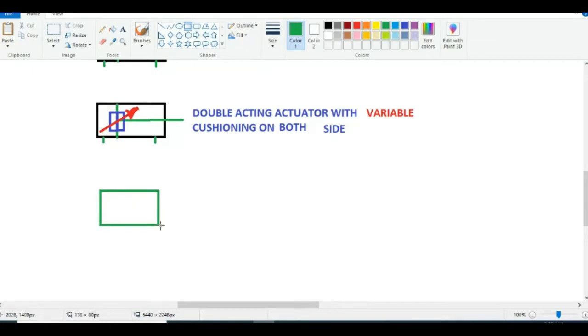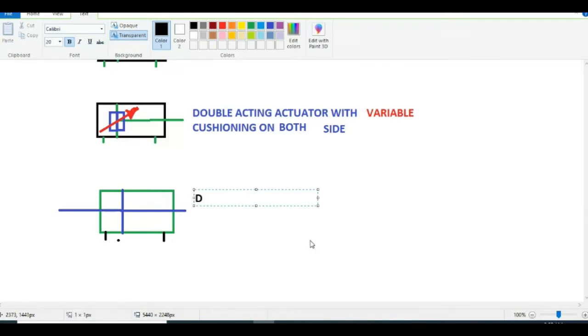If the actuator symbol is like this, and the two ports are available here, what is the name of the symbol? The ports are available on both sides, so it is obviously a double acting cylinder.